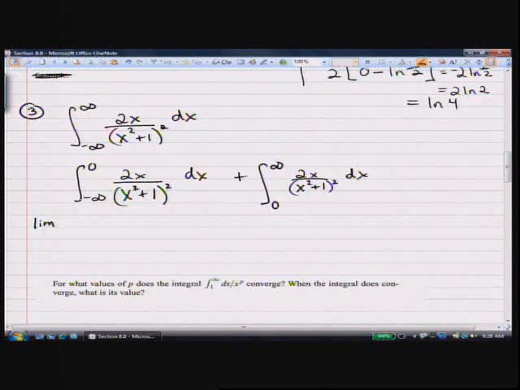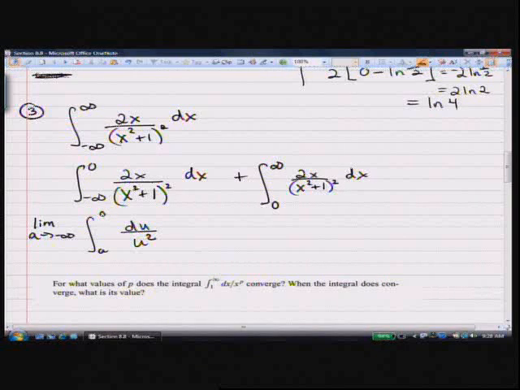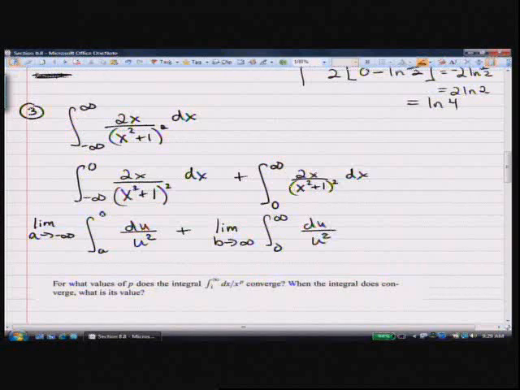In order to get rid of the infinity, you're going to look at the limit as a approaches negative infinity from a to 0. If u equals x squared plus 1, du is going to equal just 2x. And so that's going to be du over u squared. Then this one, we'll think of it as the limit as b goes to infinity, the integral from 0 to b, and this will be du over u squared also.